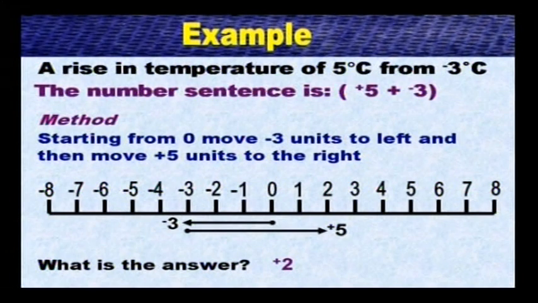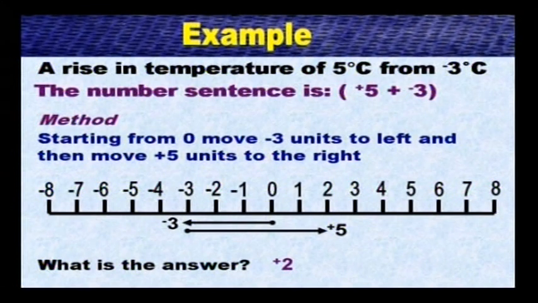And this is how you show this number sentence on the number line. Now you see, we are still on addition, so the arrows are still joined head to tail. This is the head and this is the tail.